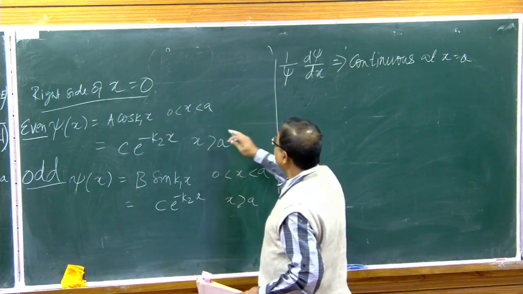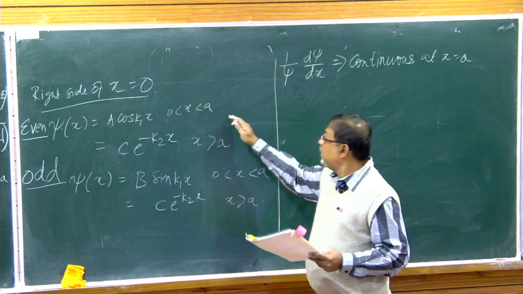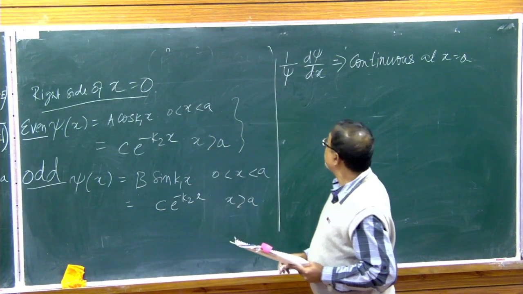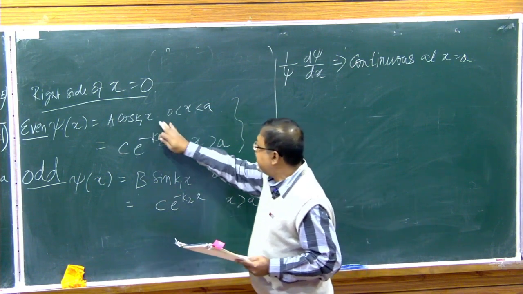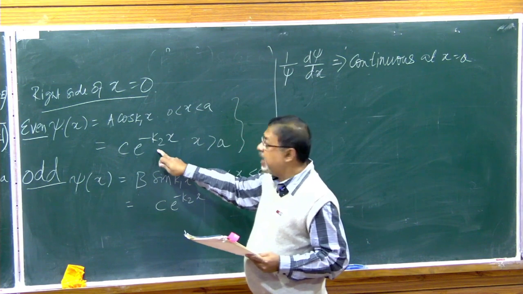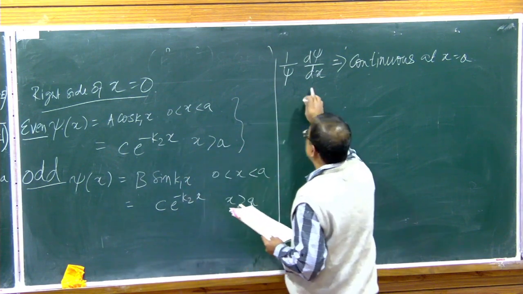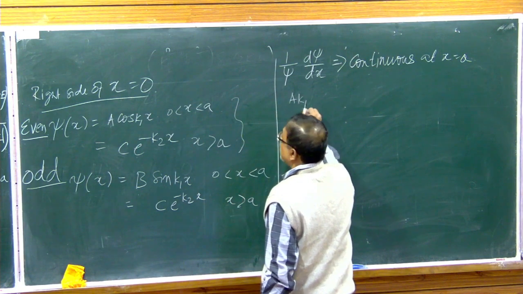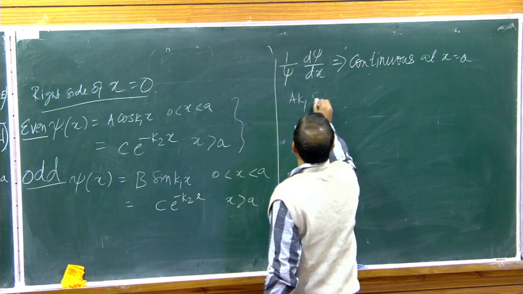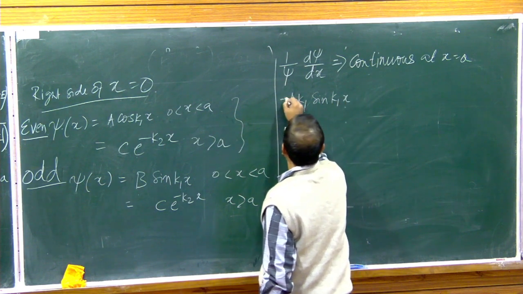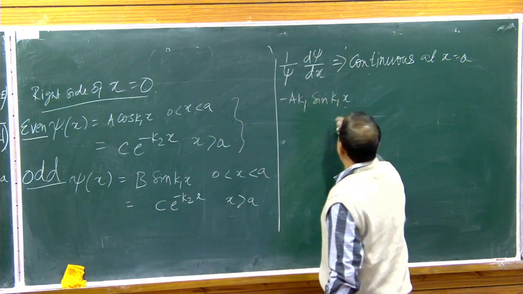If you do this for the even part, you calculate d psi dx and match it at x equal to a. What is d psi dx for this? It will be A k1 times minus sine k1 x at x equal to a.